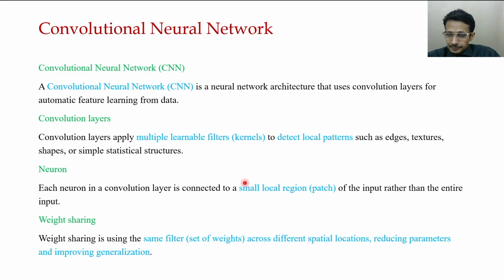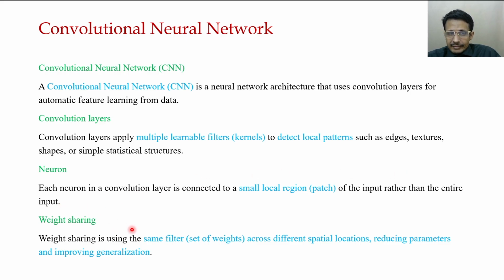This is the reason: in a small local patch of the image, the statistical homogeneity of the pixels is very high, the image is very locally homogeneous, with strong interpixel correlation. That's why a single neuron is attached to a patch rather than the entire input, and the entire input means the entire image.